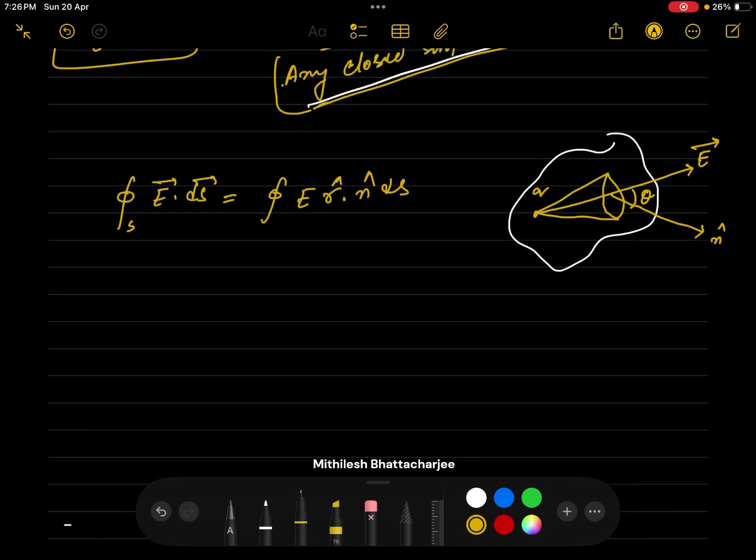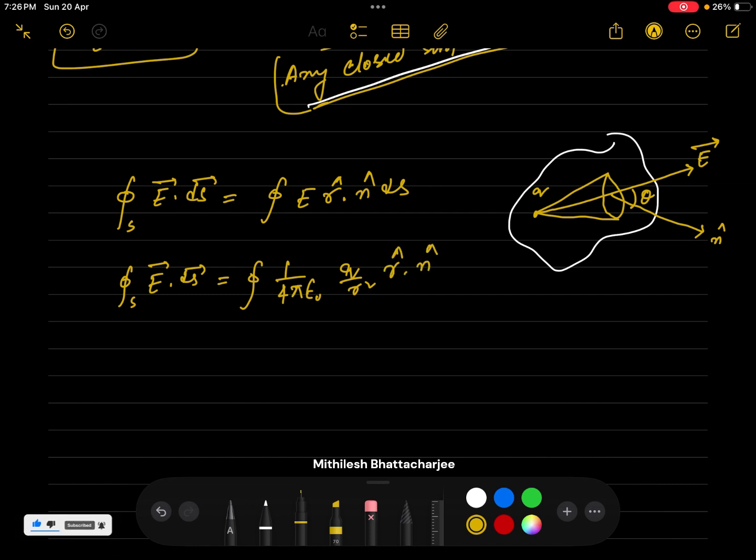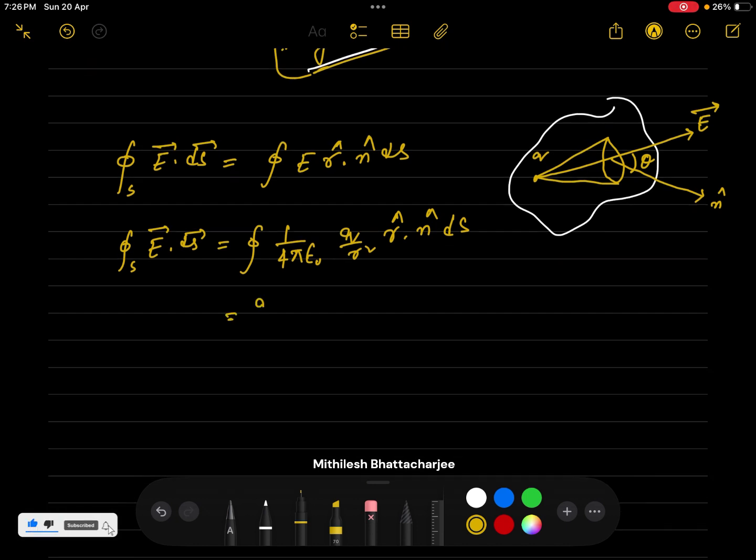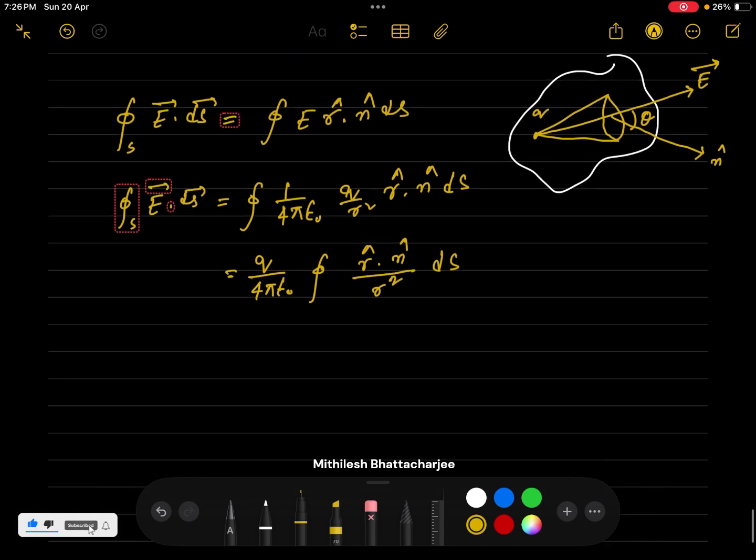We can write the surface integration of E dot ds is equal to the surface integration of 1 by 4 pi epsilon naught q by r square, r cap dot n cap ds. So q by 4 pi epsilon naught, r cap dot n cap by r square into ds.